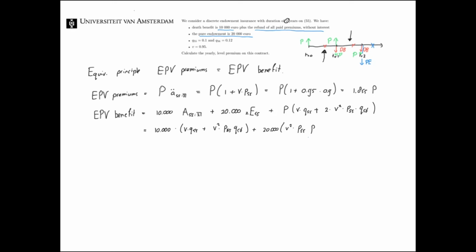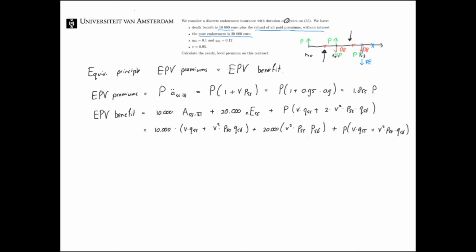So we have to survive for 1 year from 55, and again for 56. And this one does not change, so the premium we state the same way, plus v squared p55 q56.